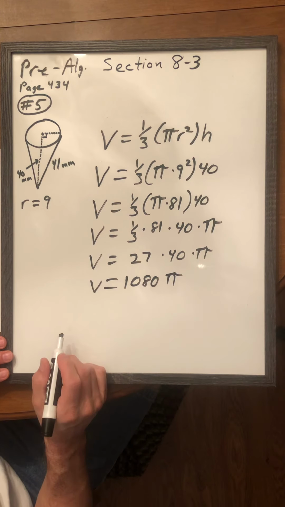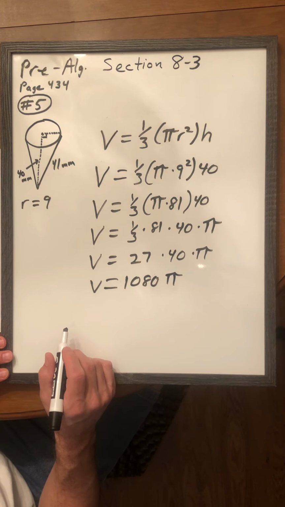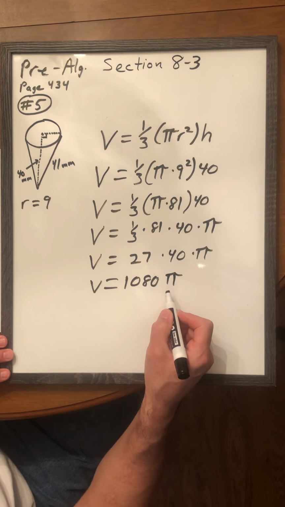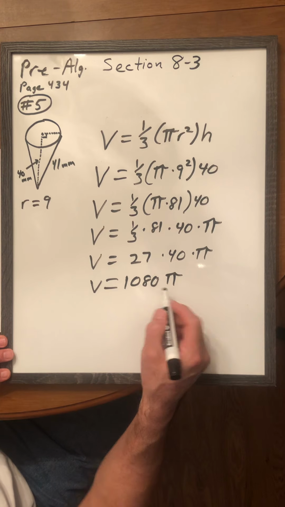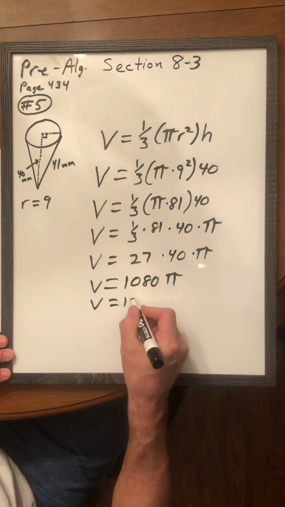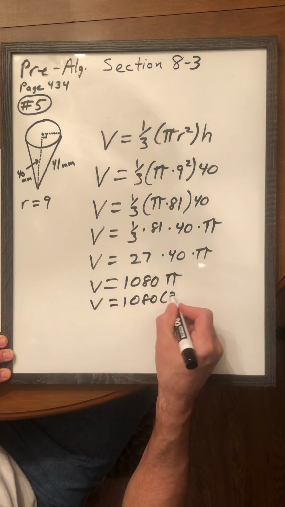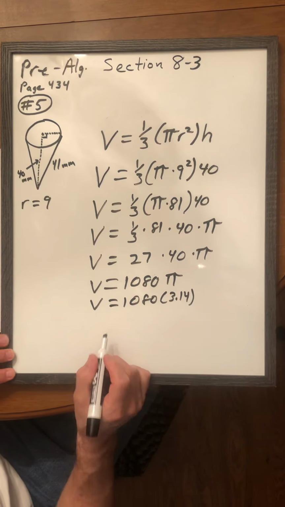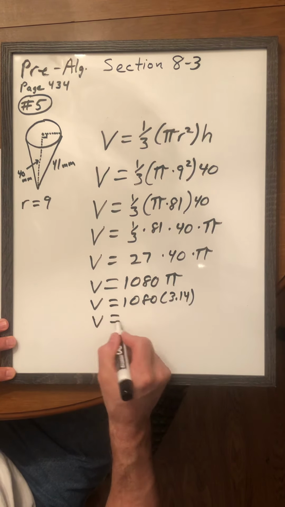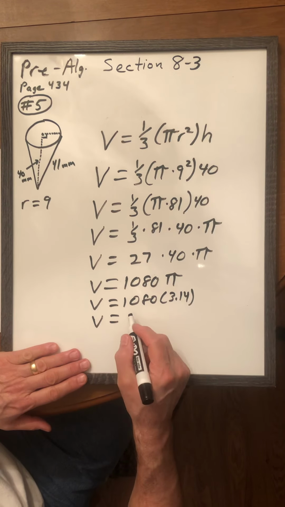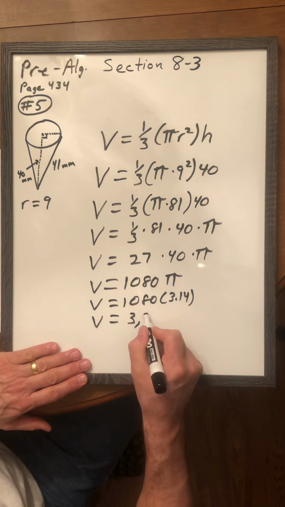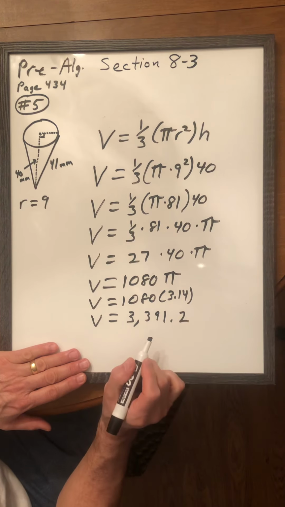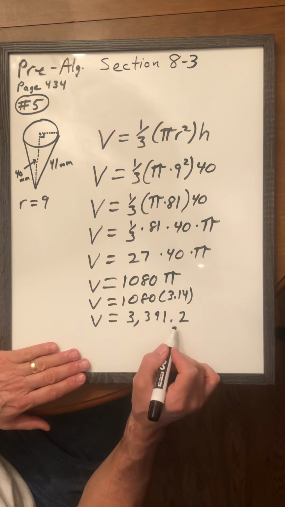Now, on this particular problem, it wanted you to round to the nearest tenth, and it also asks you to use 3.14. So I'm going to plug in 3.14 for pi and multiply those together. That gives me 3,391.2, rounding to the nearest tenth.